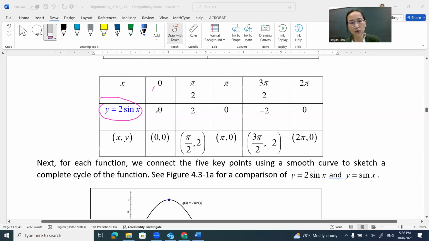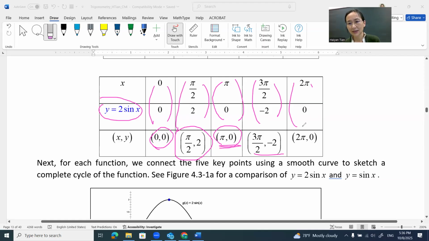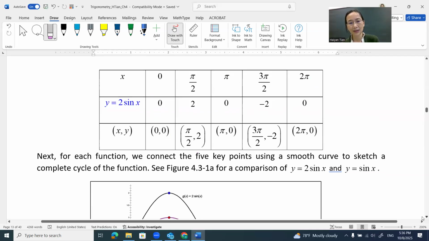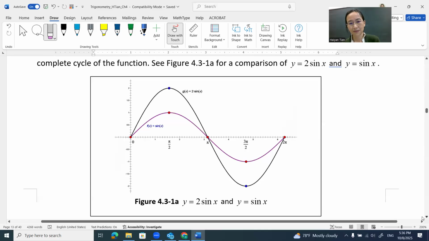the x, y, you see that's 0, 0, that's one pair. x, y, right, that's another ordered pair. And the next pair, pi, 0. So then we just plot 5 key points, right? We get the xy coordinates of the 5 key points, then we can see the difference.